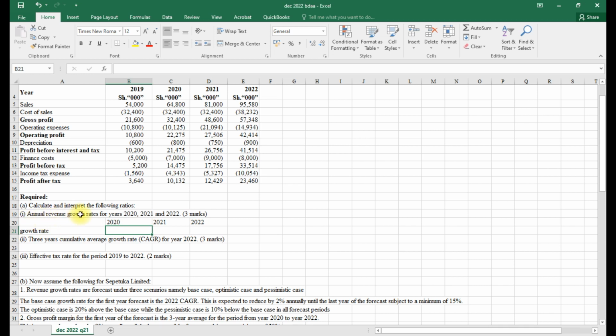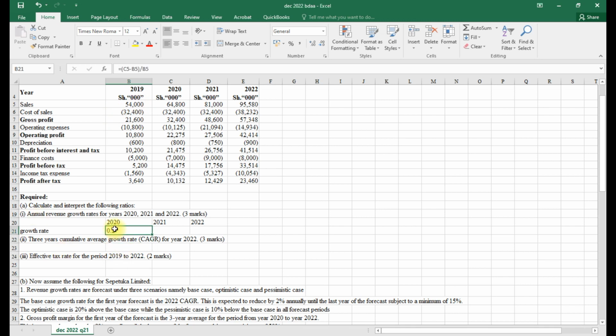The annual revenue growth rate. Remember, growth happens from year 2, so for 2019 we shall take 2020. So this will be equals to this one, 2020. I will open the bracket to get the growth: 2020 minus 2019. I close the bracket and I divide by 2019 to get that growth.